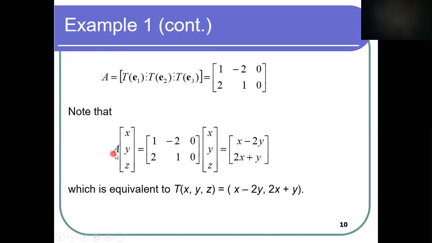Any arbitrary element of R3 is a 3 cross 1 column vector consisting of three entries x, y, z. If you multiply A with this general element of R3, you will get x minus 2y, 2x plus y. So T of (x, y) is (x minus 2y, 2x plus y).